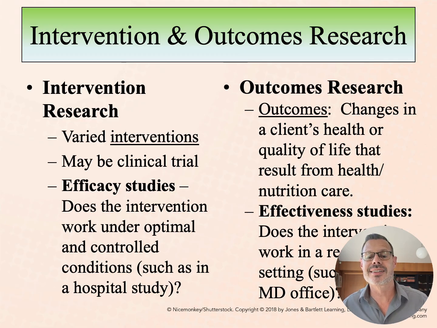Do changes in a client's health quality affect the quality of life? Do they result from health and nutritional care, right? What are the changes that impact? Effectiveness, right? Does the intervention work in the real world? Taking it from intervention to effective. It works in the lab. Does it work in the real world? And then what's the real outcome of that, right? So outcome is both, is it effective, and what is the outcome for the individuals?